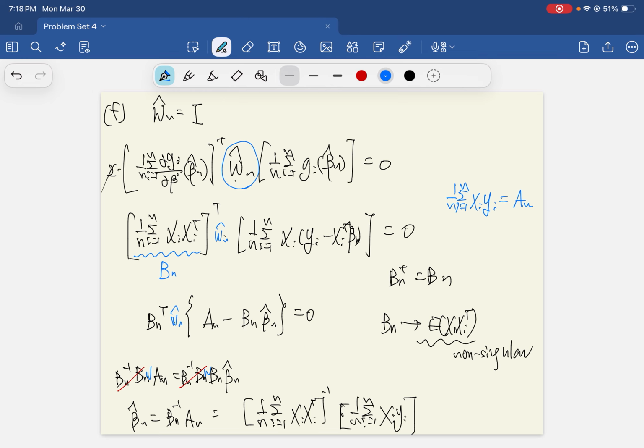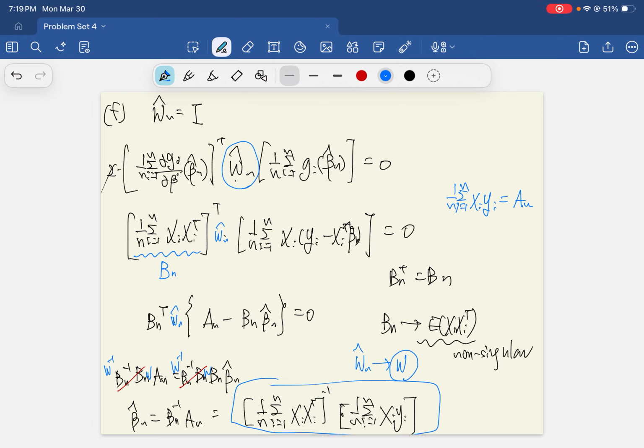What you need to do is just multiply W hat inverse once more. In the end, it will be cancelled out because W hat n converges to W that is non-singular. By the same logic, W can be ignored in the end, so you have a closed form solution like this. So this is very strong.